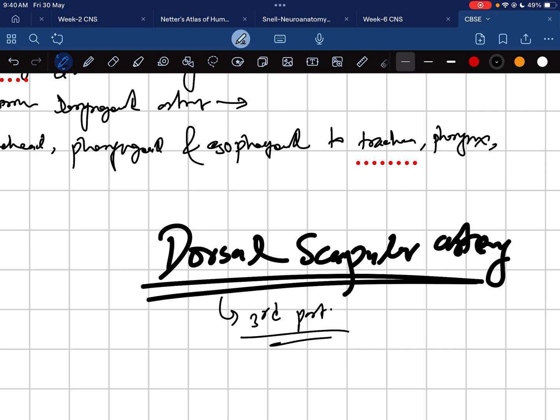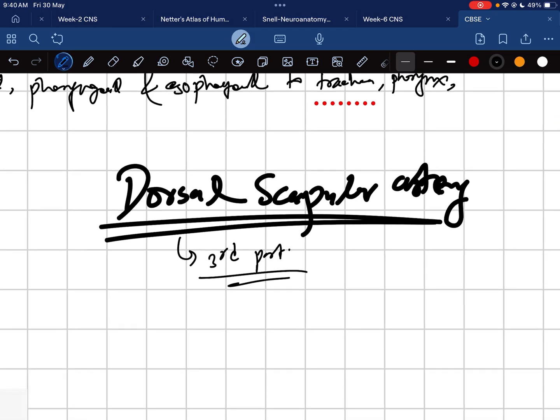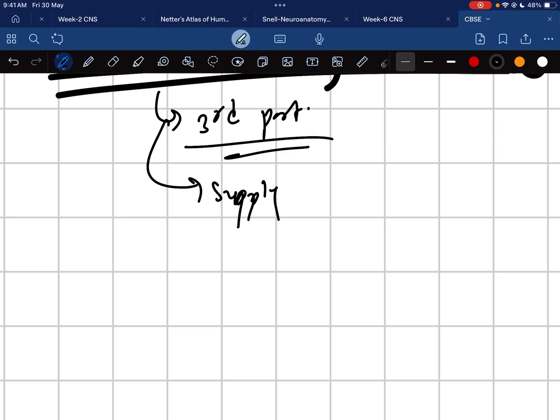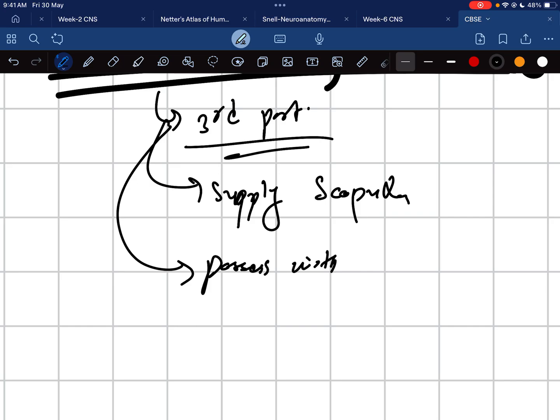Its course: it passes laterally and backward between the trunks of the brachial plexus to reach the underside of the levator scapulae, and descends along the medial border of the scapula in company with the dorsal scapular nerve, deep to the rhomboids. It takes part in the formation of an arterial anastomosis around the scapula, supplying the scapula.